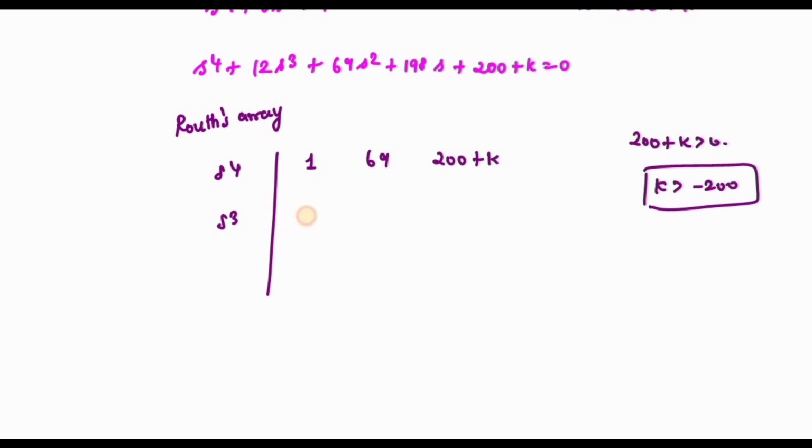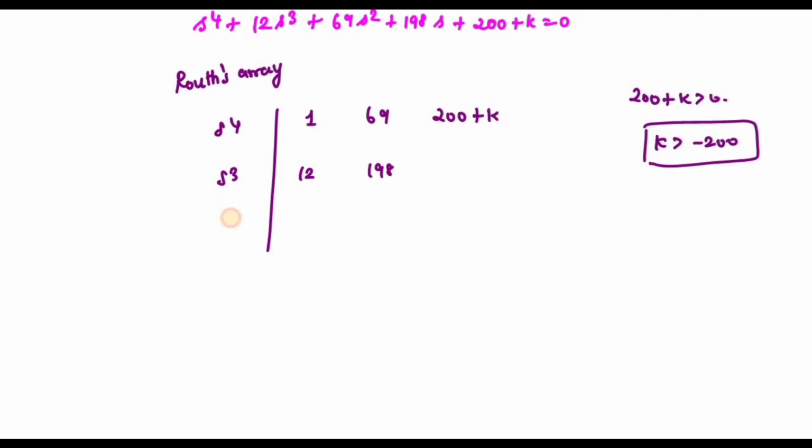Next I'm going to take the s cube row. The coefficient is 12, then s is 198. In order to find the s square row, you multiply 12 with 69 minus 198 into 1, divided by 12. In a similar way, 12 with 200 plus K minus 0, divided by 12.